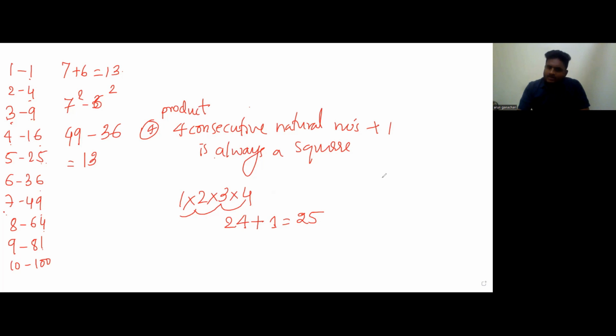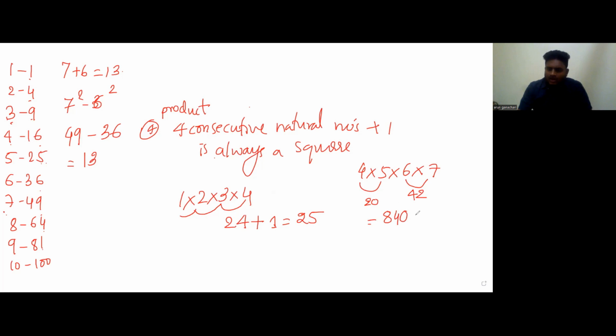Getting this? We can check it with any other numbers also. Let us say we take 4, 5, 6, 7. 4 5s are 20. And 6 7s are 42. 42 20s is 840.